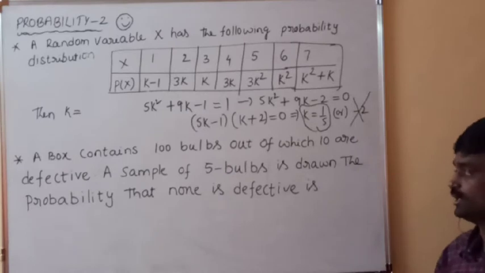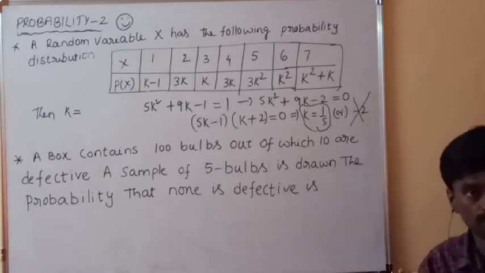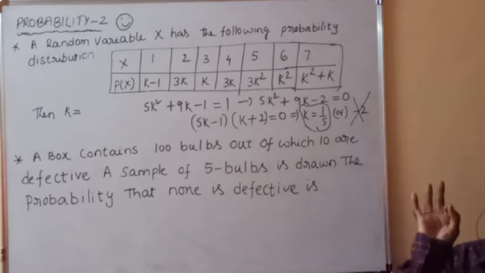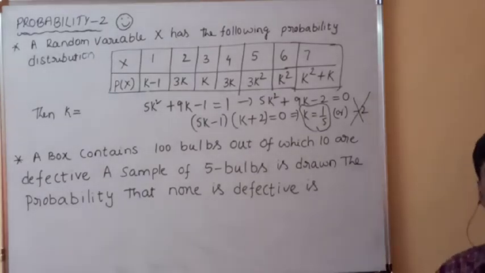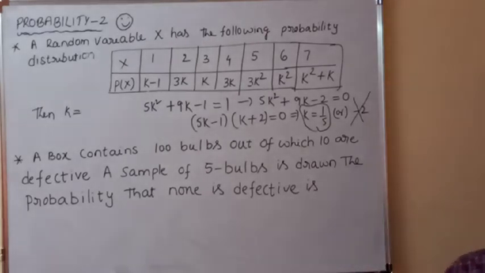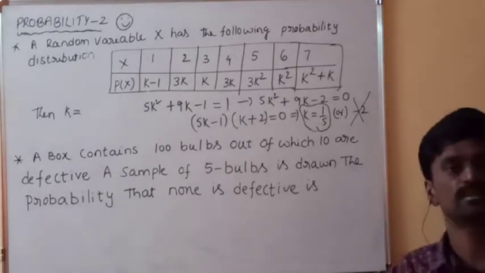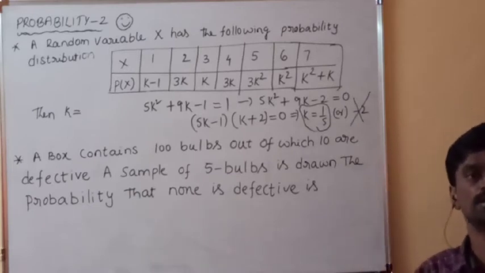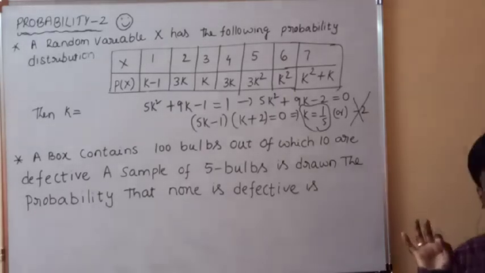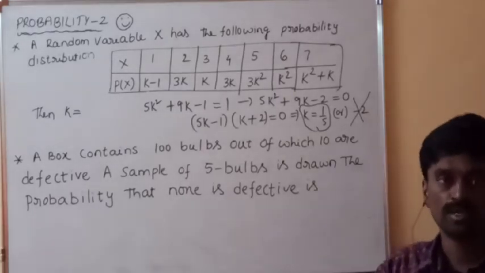So in probability, in the area of binomial distribution, compulsorily 1 or 2 questions in KCET, and maximum chances in JEE Mains. In JEE Mains also, the maximum questions they ask are related to binomial distribution. So concentrate on all the problems related to binomial distribution.